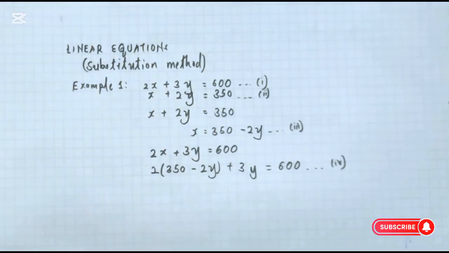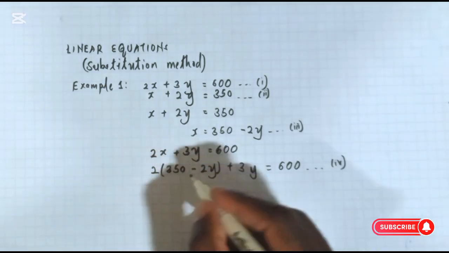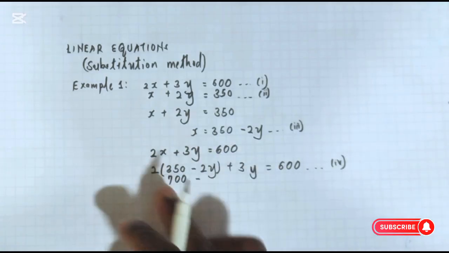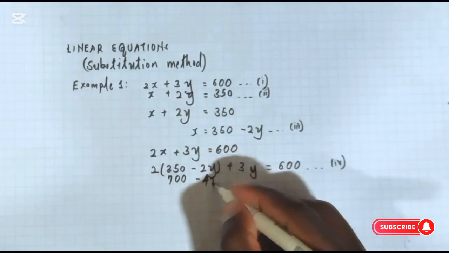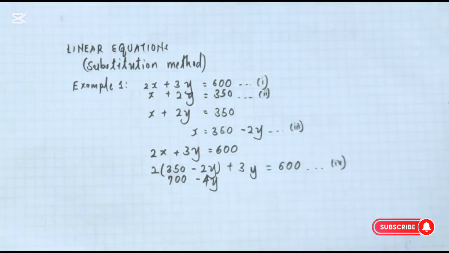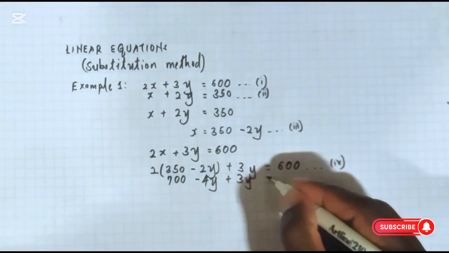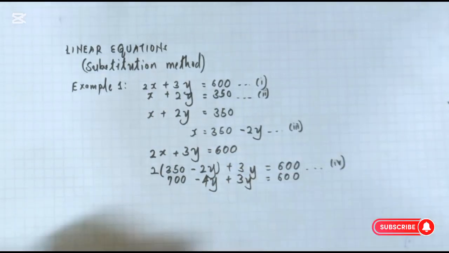We are going to expand this, and when we expand this, 2 times 350 will give us 700, minus 2 times 2y, which is negative 4y, plus 3y equals 600.